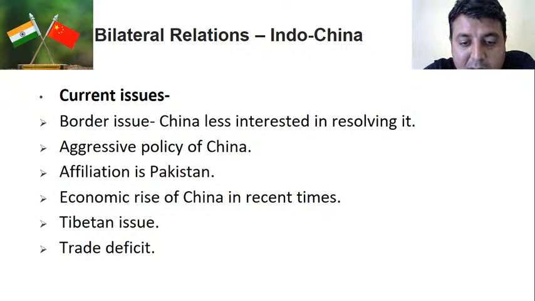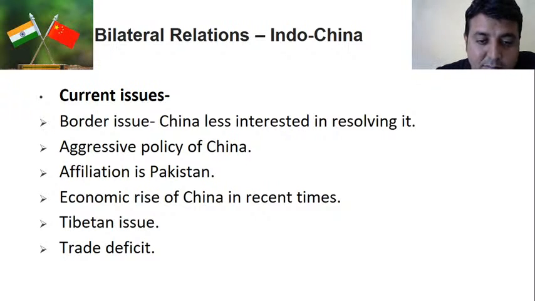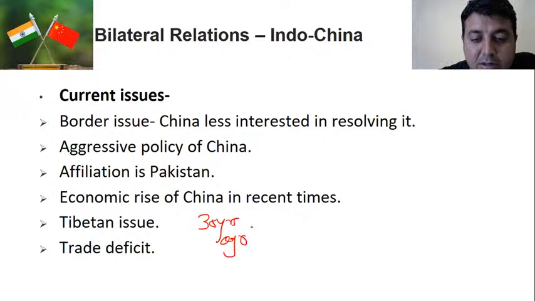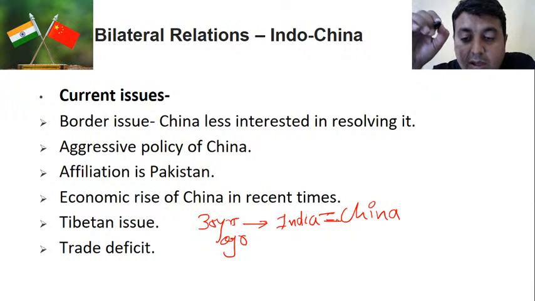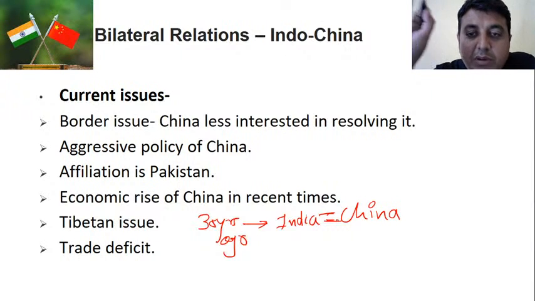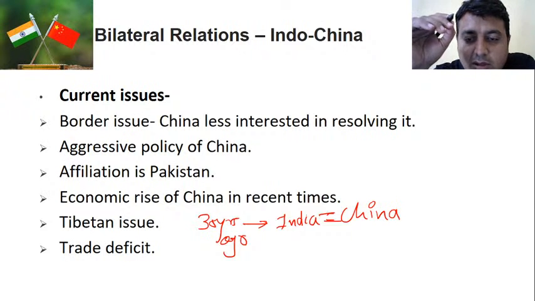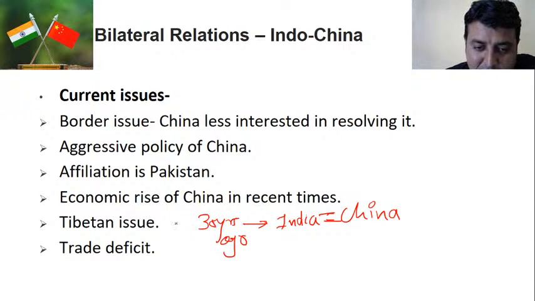Yes, economic rise of China is a matter of concern for us. Why is it so? Let's take the example of 30 years ago. 30 years ago, India and China were on the same page. Our economic progress was at the same pace.